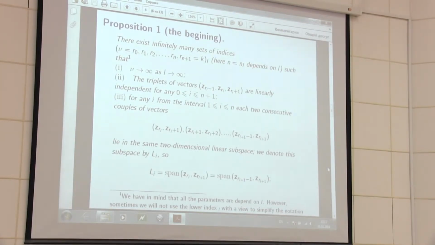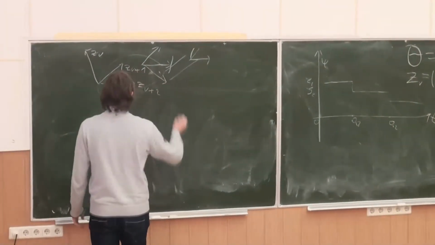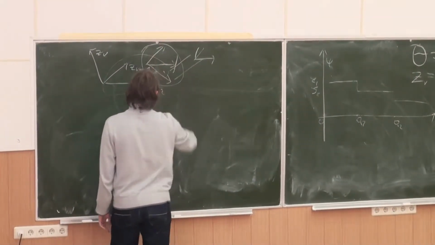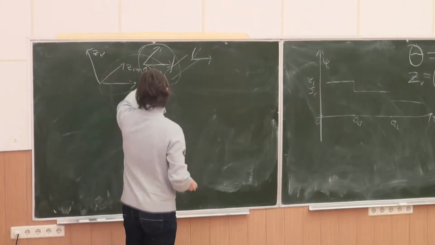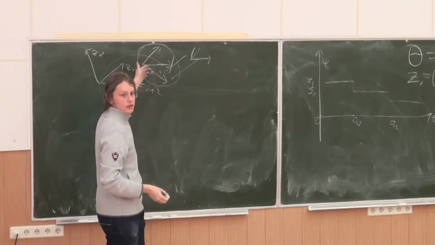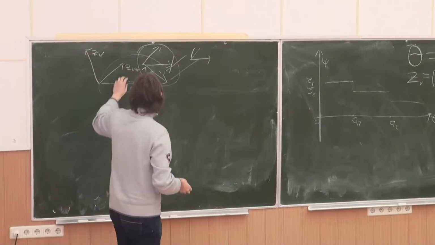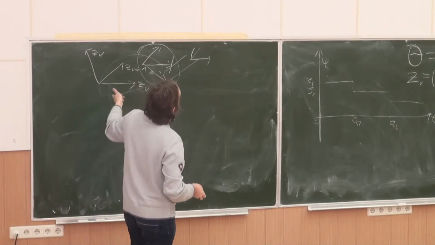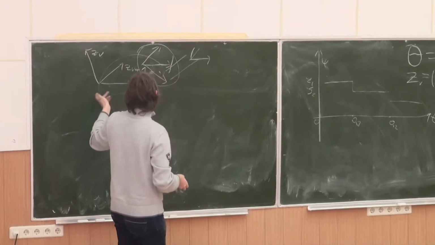We have the triples of vectors, and the situation continues infinitely many times. And what is the index of our theta? The index of our theta is the number of intermediate tuples of three linearly independent vectors. In our situation, the index equals 1.